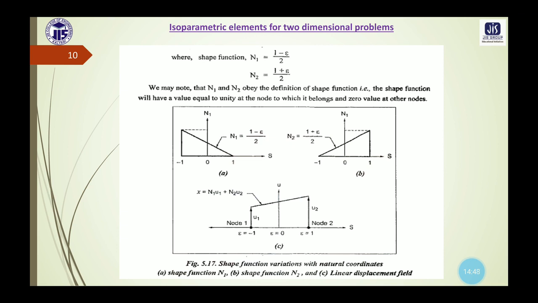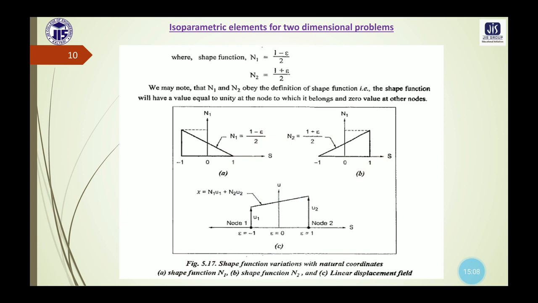In a similar manner, in figure 5.17b, n2 has a value of unity at its corresponding node, that means the node to which it belongs, and 0 value at the other nodes.